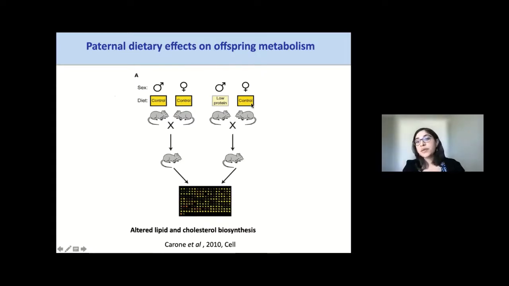So control here means a normal, balanced diet. We let them mate, we get their pups, and then we look at their phenotype, their metabolic health, and their gene expression changes. What we found is that males which were fed a low protein diet sired offspring with altered lipid and cholesterol metabolism. This was done in my postdoc lab, in Oliver Rando's lab.